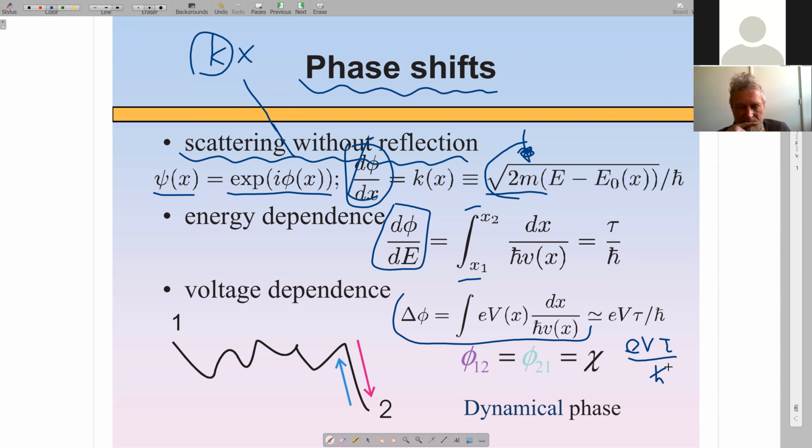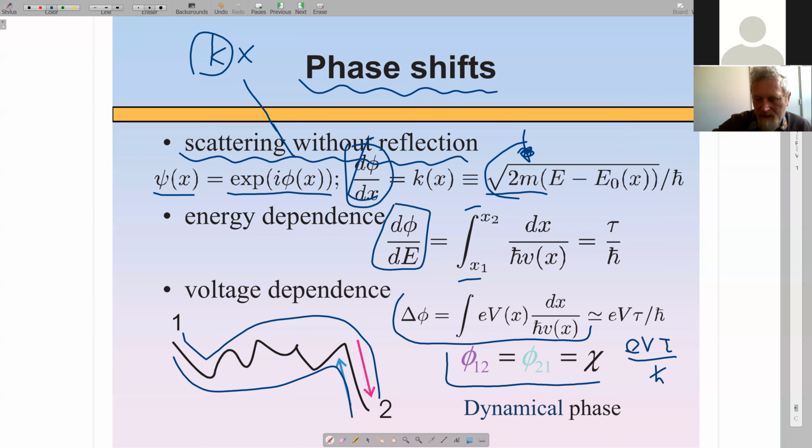What is typical for this mechanism? There's time reversibility. Potential doesn't change sign if time is reverted. That's why if you go from point 1 to point 2 and from 2 to 1, you acquire precisely the same phase shifts. That's what I put here. Good. That's phase.